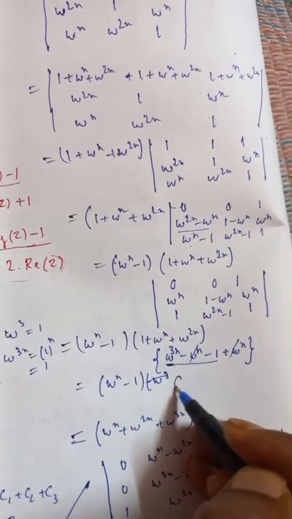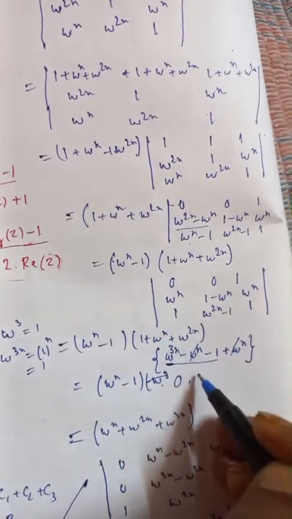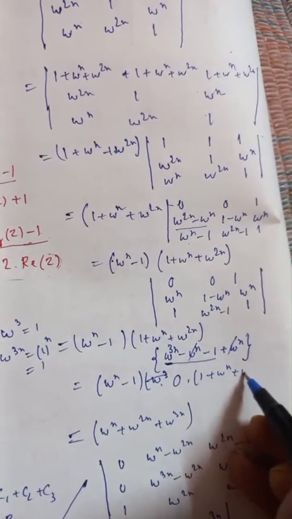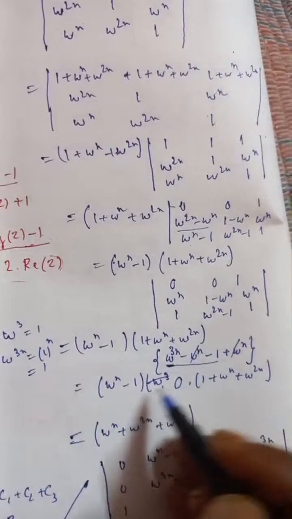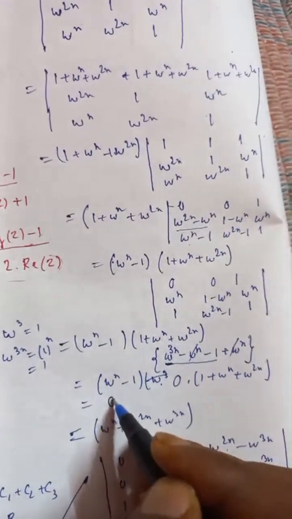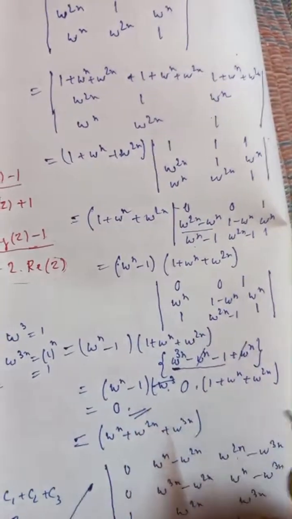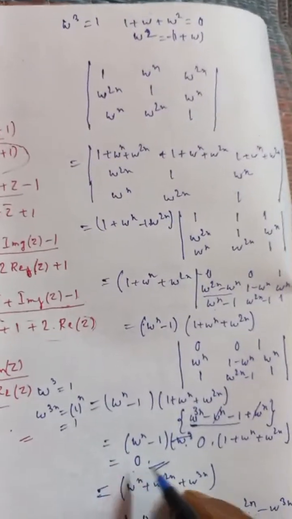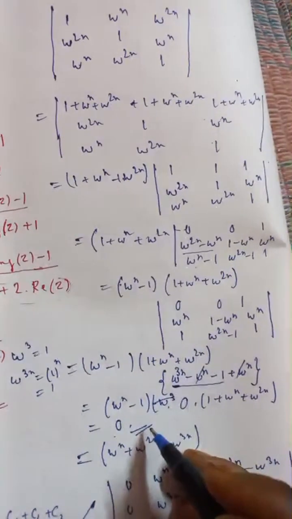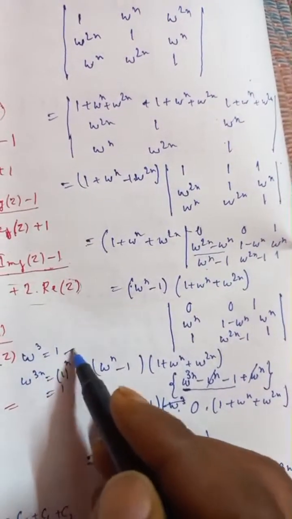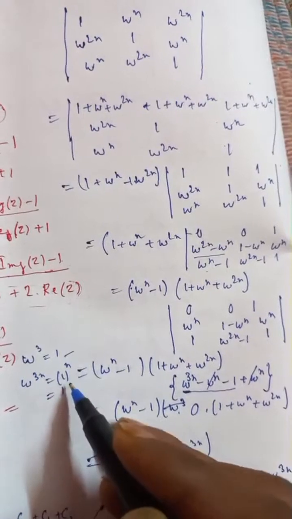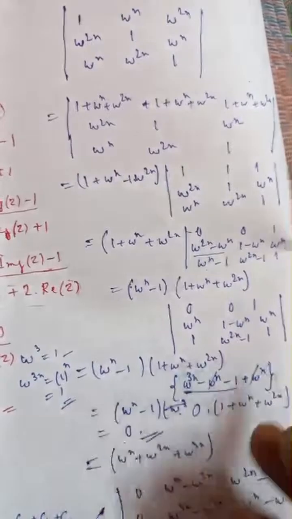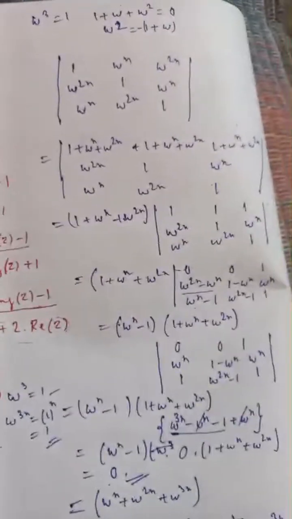This term will be 0 multiplied by 1 plus omega to the power n plus omega to the power 2n, which is equal to 0. So the value of the determinant is equal to 0. Since omega cube is equal to 1, omega to the power 3n is equal to 1 to the power n, which is 1. So in this way you can solve this problem.